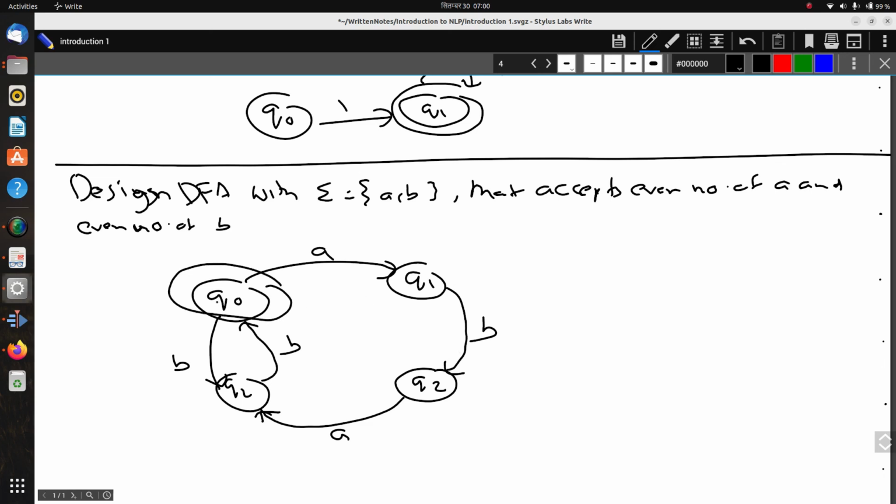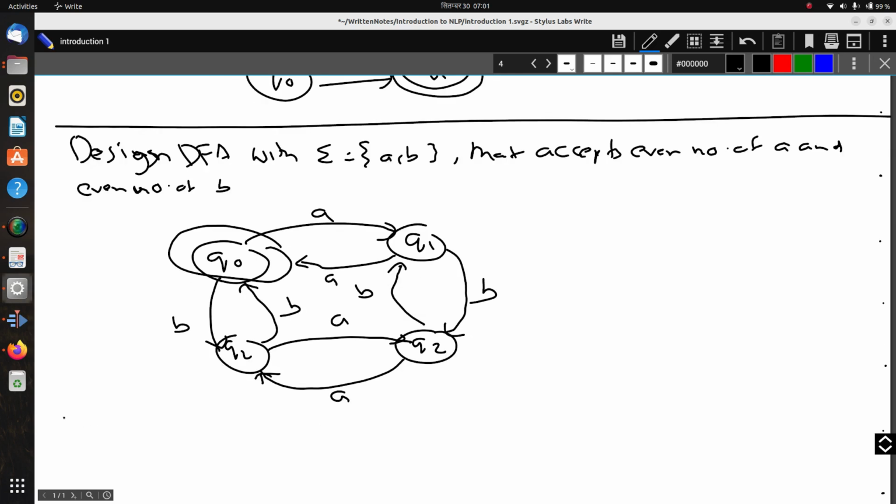Again, if I have one B, one A, another B and another A, again this can be our final state, accepting even number of A and B here. No matter how many A and B you add, it's not going to be wrong.